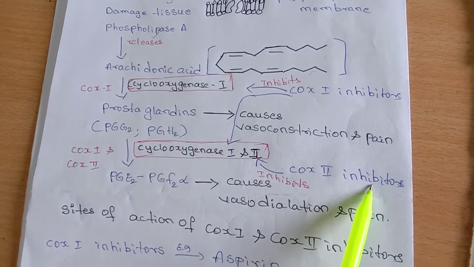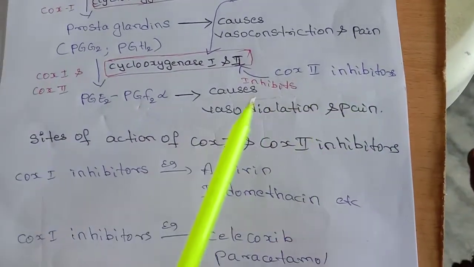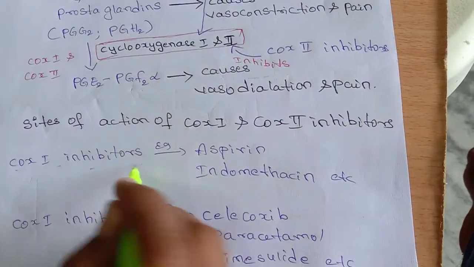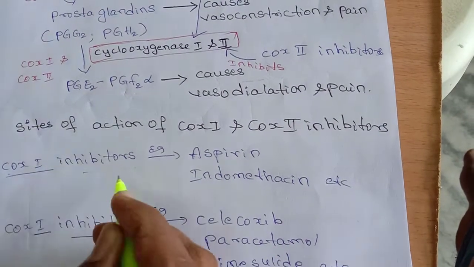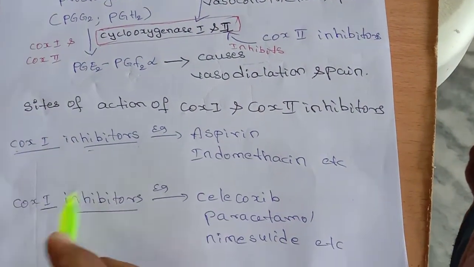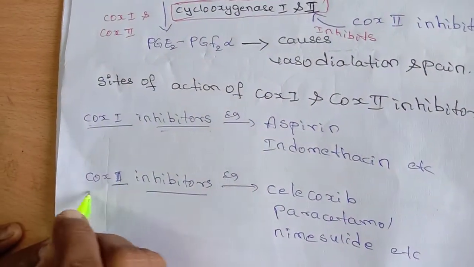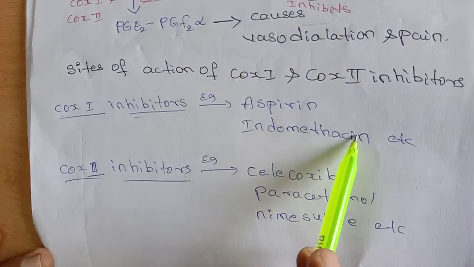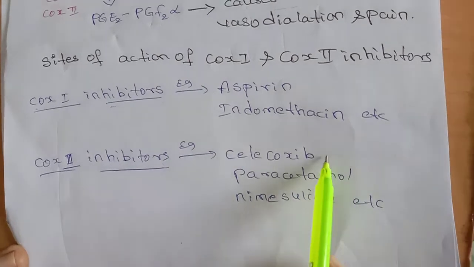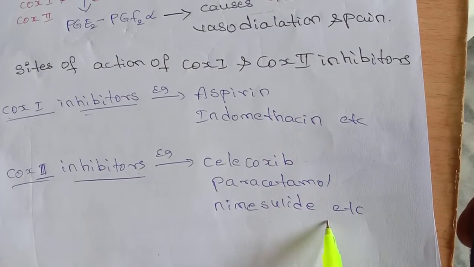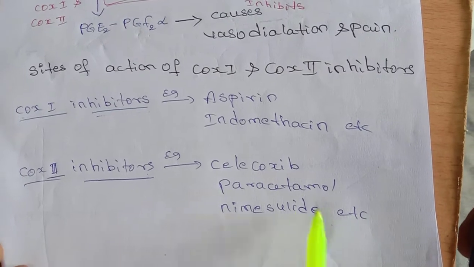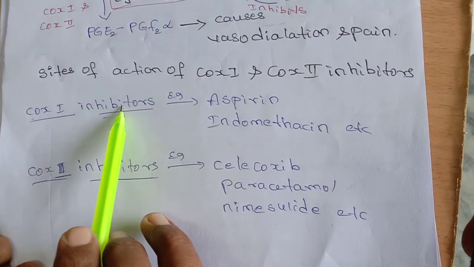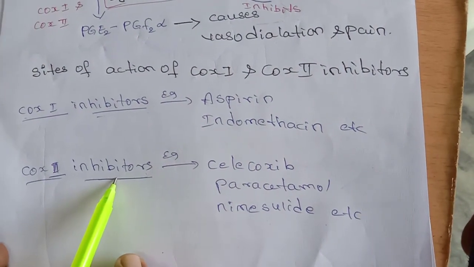So based on their mechanism of action, NSAIDs can be categorized as COX-1 inhibitors and COX-2 inhibitors. COX-1 inhibitors are aspirin, indomethacin, etc., and COX-2 inhibitors are celecoxib, paracetamol, nimesulide.